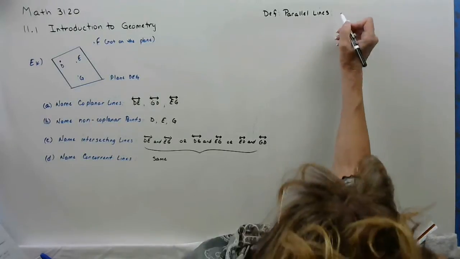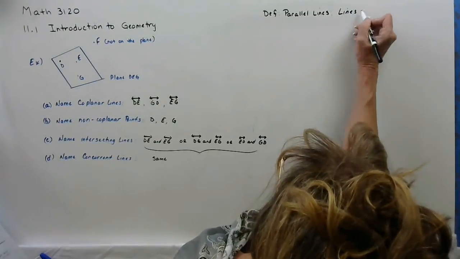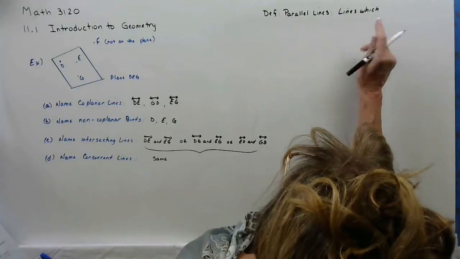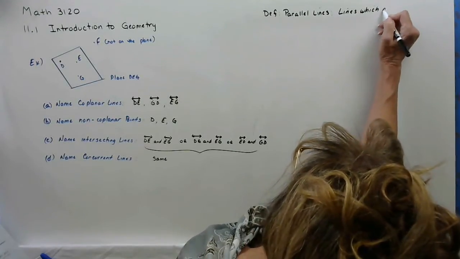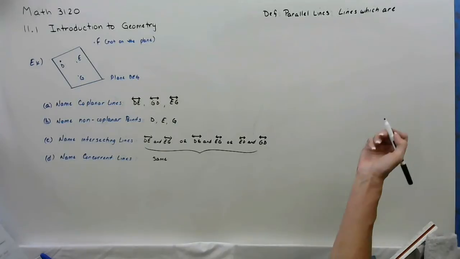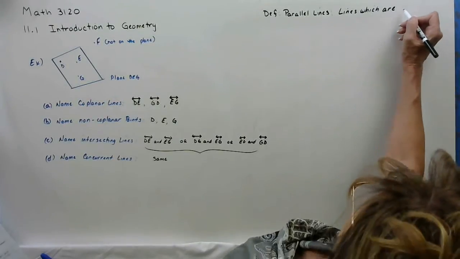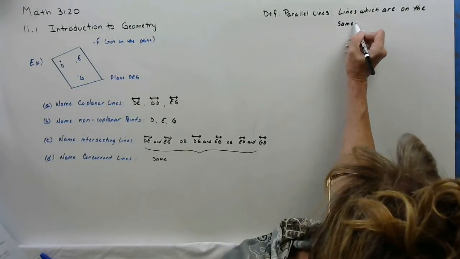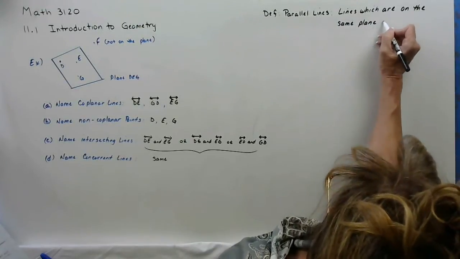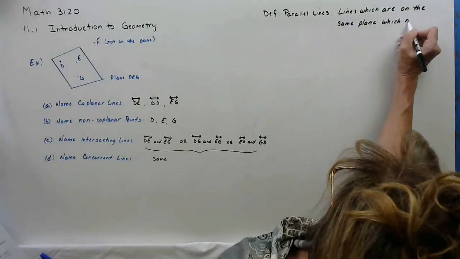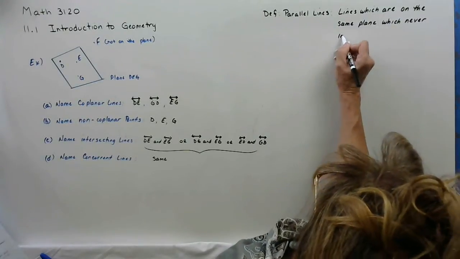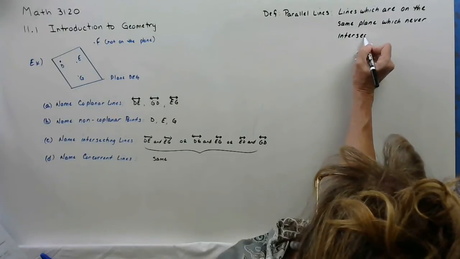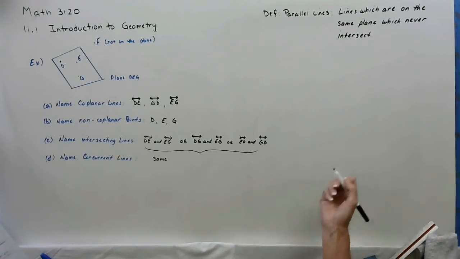We're going to say lines, it can be more than two, lines which are on the same plane, so they're coplanar, okay? So they are on the same plane, which never intersect. All right, so if they don't intersect, they have no points in common.